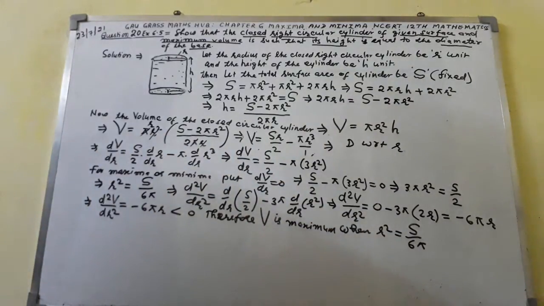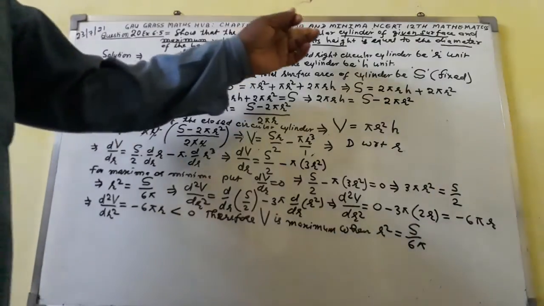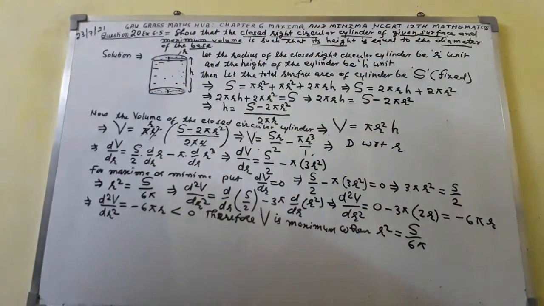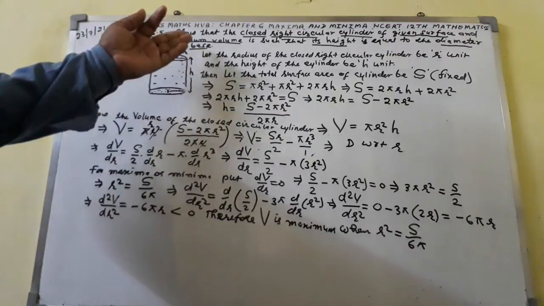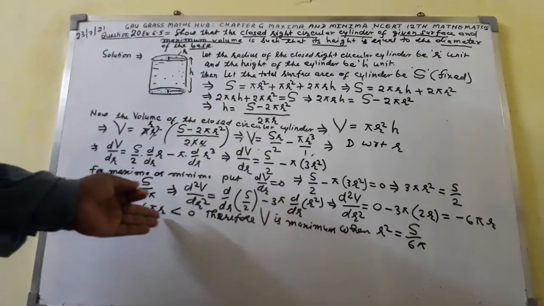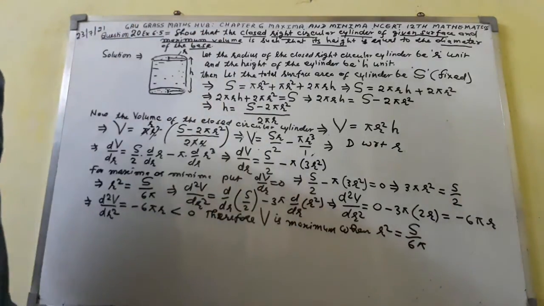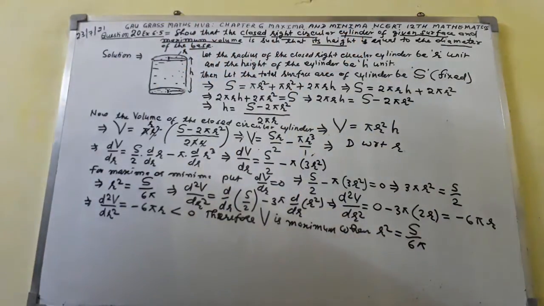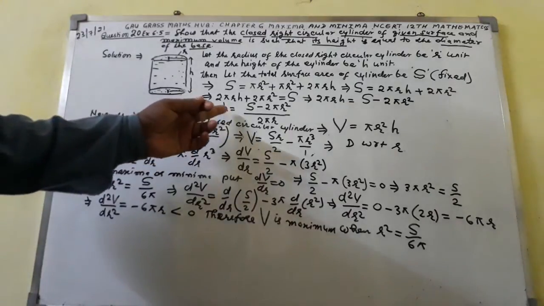So what to do next? Next we have to find out that its height is equal to the diameter of the base. This thing we have to prove. Maximum volume I have shown. When the volume is maximum, then the height is equal to the diameter of the base. So find out the height; the formula of height is available.